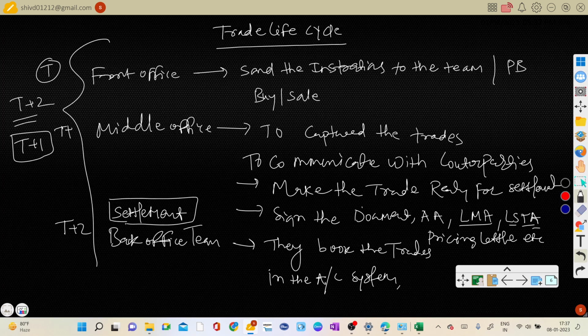So this is your process flow. Here you may expect a question: trade life cycle, front office, middle office, back office. Note it down if you want, prepare it the way you want.